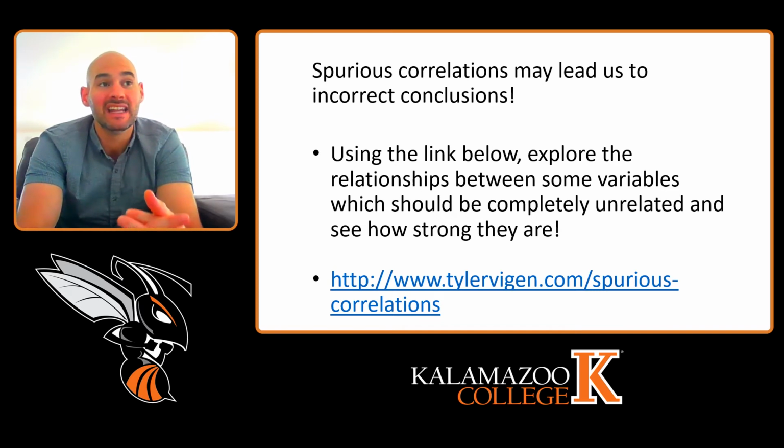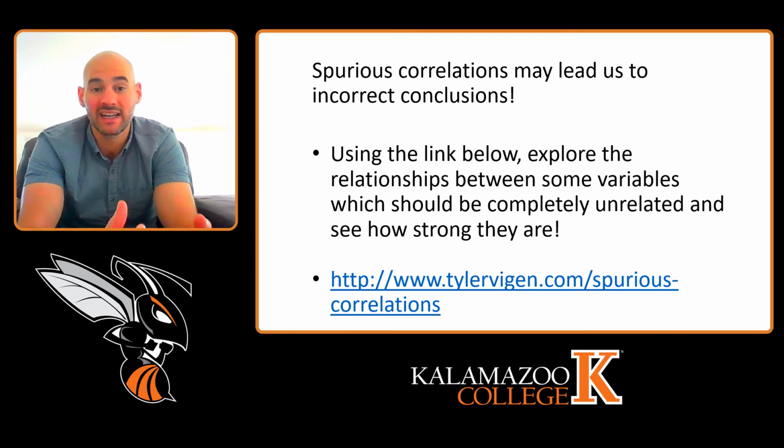And if we don't consider models and we don't at least rely on some theory for why variables are related, then we may be arriving at incorrect conclusions based on spurious correlations. So using this link, I know you can't really click on it on a video, but just typing that into your browser, explore some of the relationships between some variables which are completely unrelated and see how strong they are.